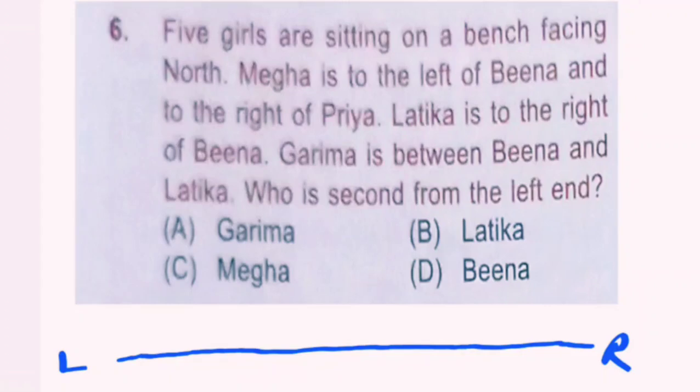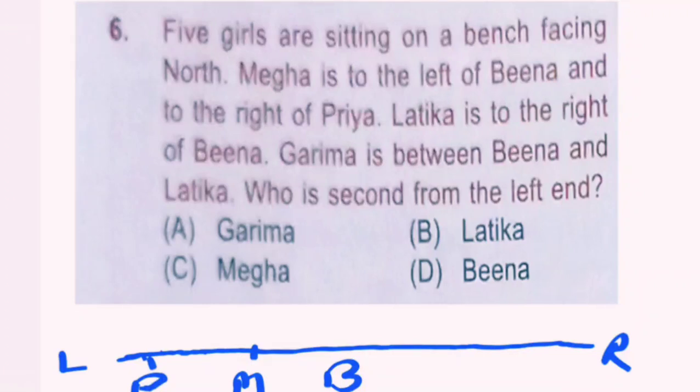Now according to the question, Megha is left of Beena. Suppose Beena is here, left of Beena means Megha will come here, and right of Priya. Right of Priya means Priya will come here.